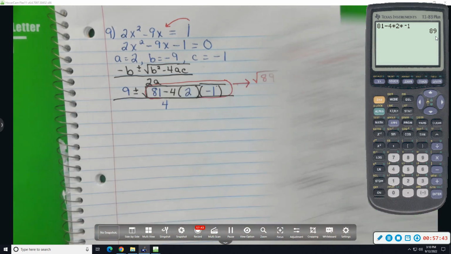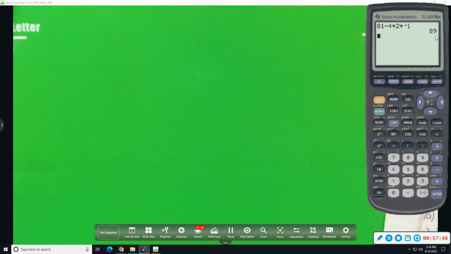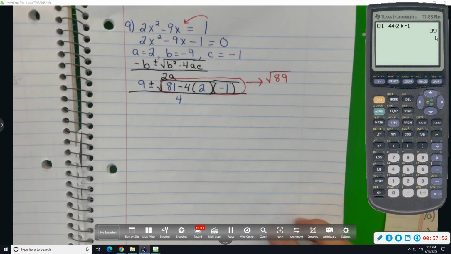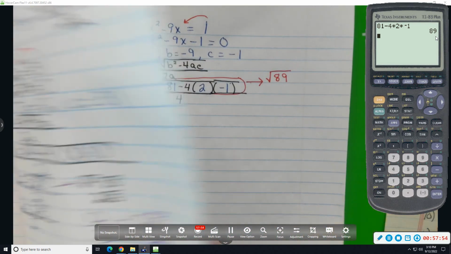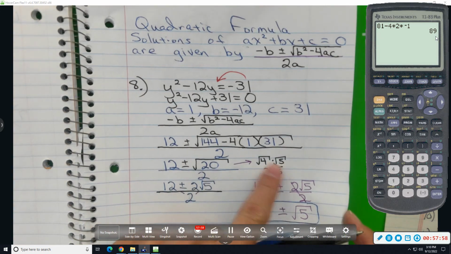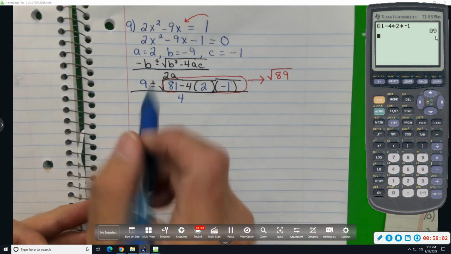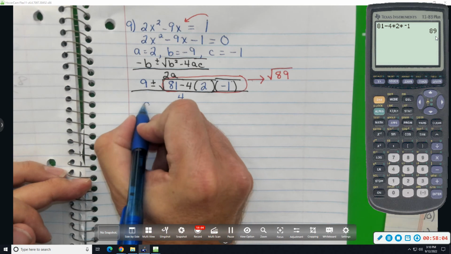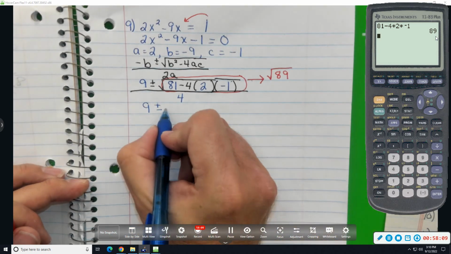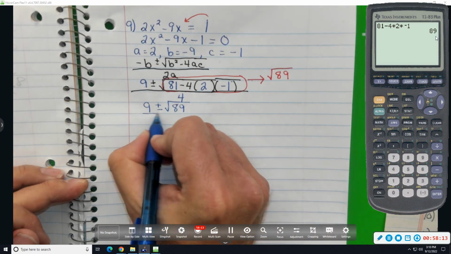We can't rewrite it like we did earlier, where the square root of 20 we wrote as 4 times 5. We can't rewrite 89. So what do we have? We have 9 plus or minus the square root of 89, all over 4.